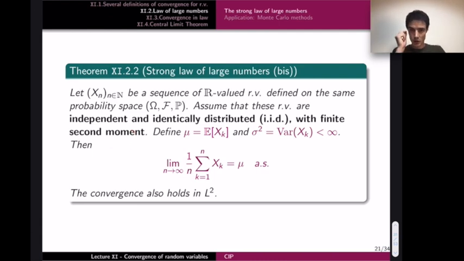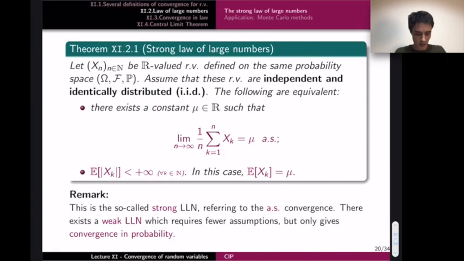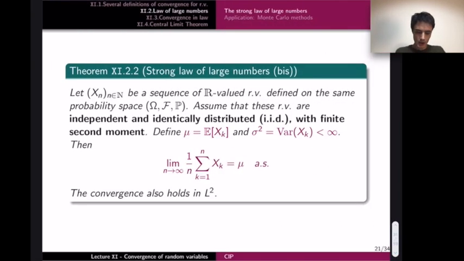It's a stronger assumption, which is not necessary, since we have seen that the necessary and sufficient condition is that the first moment is finite. So here you assume something a bit stronger, and in this case, of course, you get the almost sure convergence.